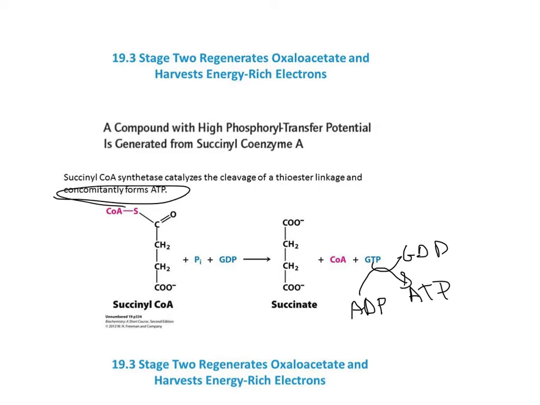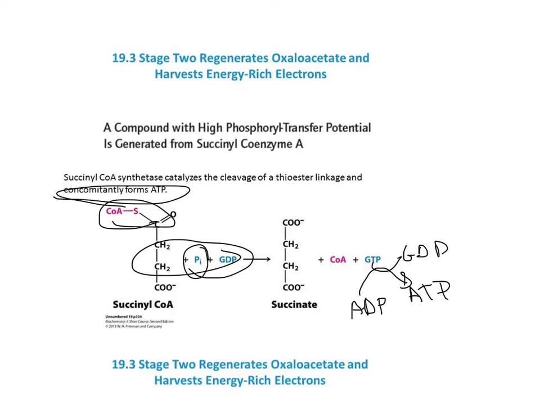So here's where we're converting thioester energy into what we call a substrate level phosphorylation reaction. Kind of reminds me a little bit of glyceraldehyde 3-phosphate dehydrogenase, where we involve inorganic phosphate getting to a point where it can phosphorylate directly.